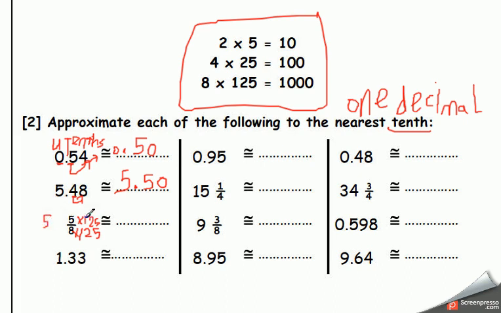I will write 5 and carry 2. 5 multiply 2 equals 10. 10 plus 2 equals 12. I will write 2 and carry 1. 5 multiply 1 equals 5. 5 plus 1 equals 6. So 5 multiply 125 becomes 625. 8 multiply 125 equals 1000.